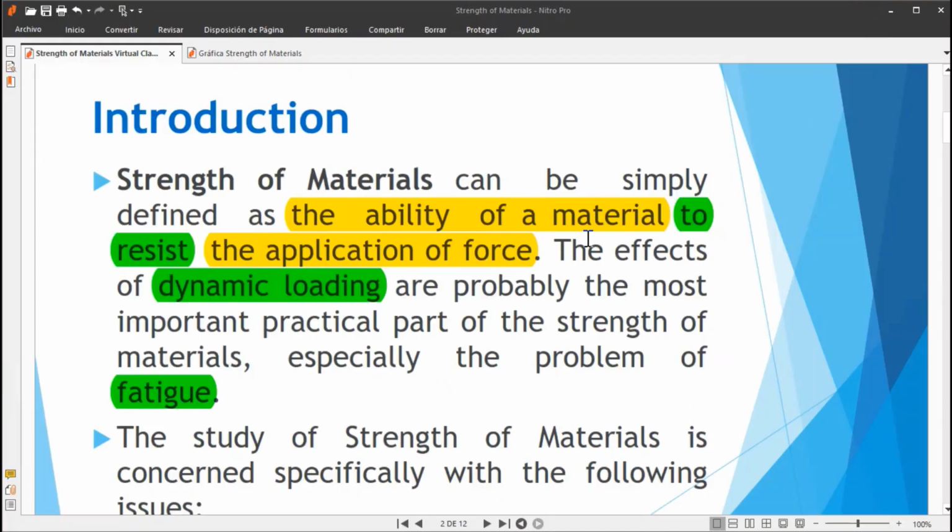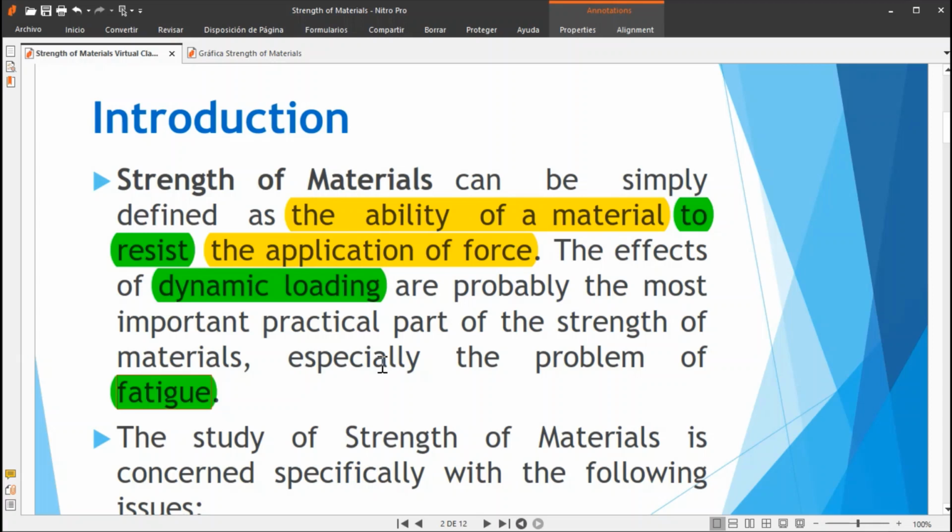So the effects of dynamic loading are probably the most important practical part of the strength of materials, especially the problem of fatigue. Now, to clarify this fatigue, we can go back to the idea of the piece of wood. If you start hitting the piece of wood a lot of times, let's suppose that you use a hammer to hit the wood, eventually the wood is going to start cracking, right?